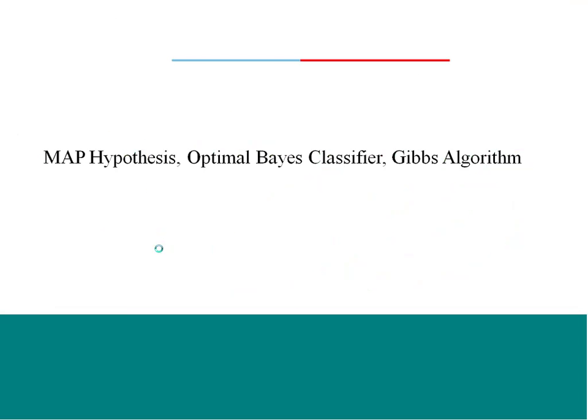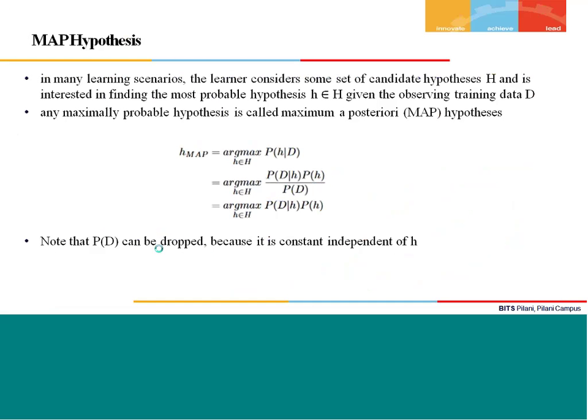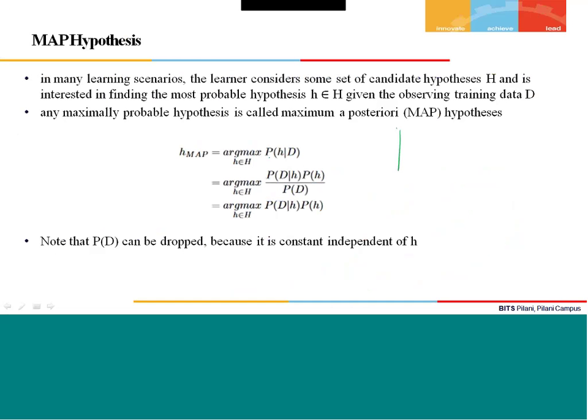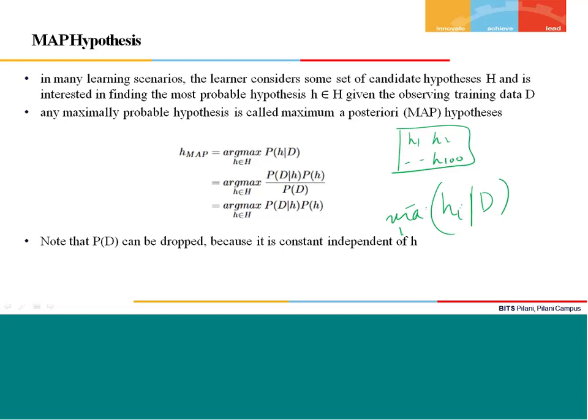Okay. Now the MAP hypothesis, the optimal Bayes classifier, and the algorithm. I already told you many times what the MAP hypothesis is. It is nothing but the Bayes formula, where you need to find out from the space of hypotheses, let's say there are 100 hypotheses, H1, H2, up to H100, given a data, which hypothesis has the maximum probability.